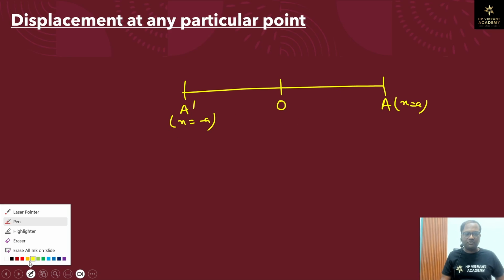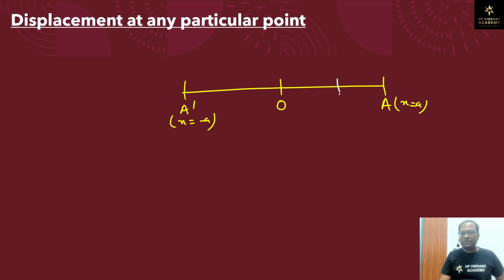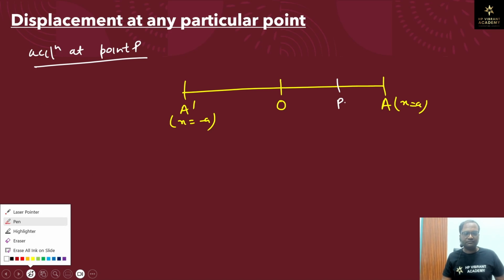So let us consider a point P here. We have to find the acceleration at point P. So we have the equation, as we have to find the displacement at point P.